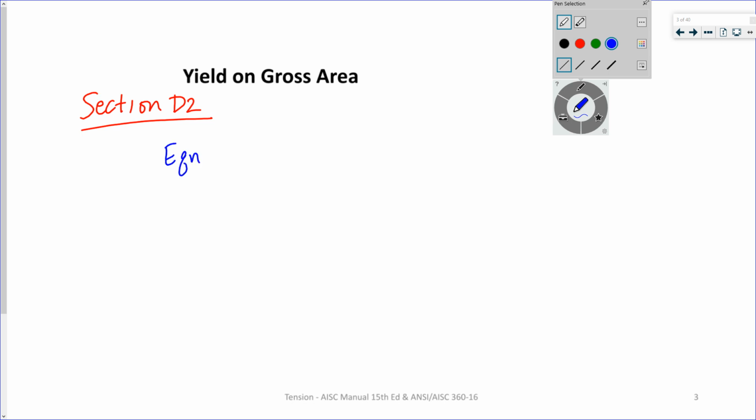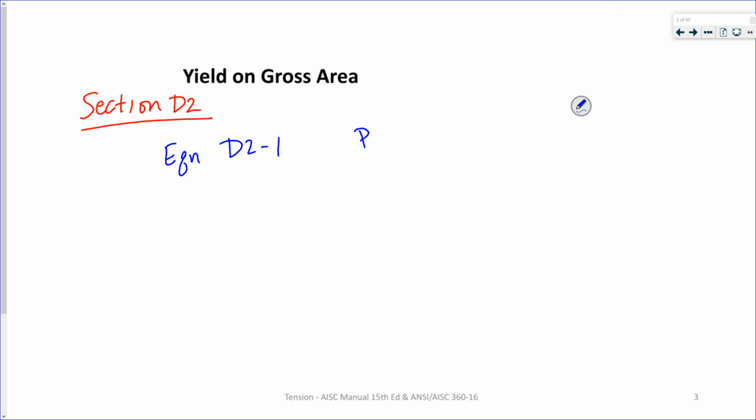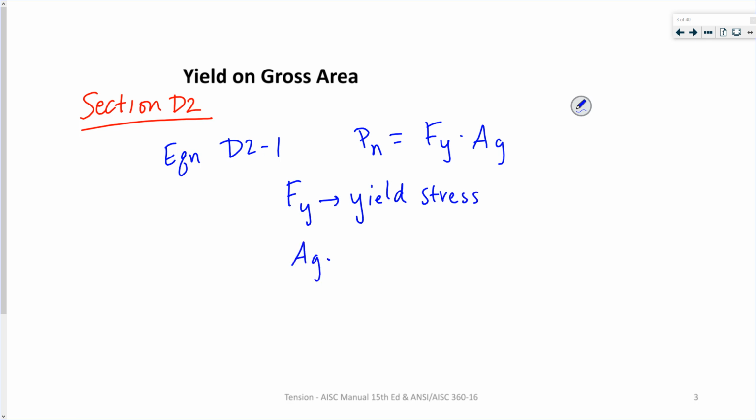Equation D2-1. P n, our nominal tensile strength, is F y, the yield stress, times A g, the gross cross-sectional area.